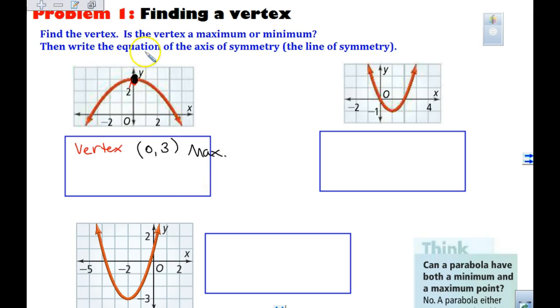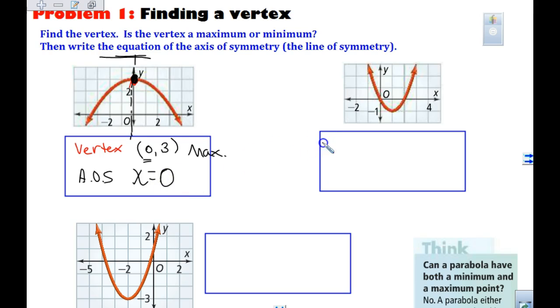Next thing, write the equation. I can't just say axis of symmetry. It has to be an equation. That's this line that goes right here. That axis of symmetry, since it's a vertical line, is x equals, and what is the x coordinate of my vertex? x equals 0.